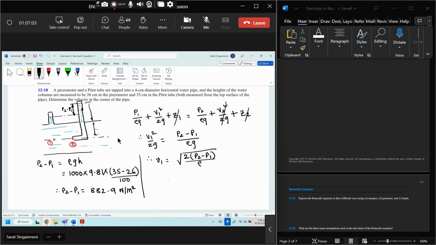And if I substitute that here, therefore V1 is equal to under root 2 times 882.9 divided by density, which is 1000. So the velocity of flow is equal to 1.3288. All right.